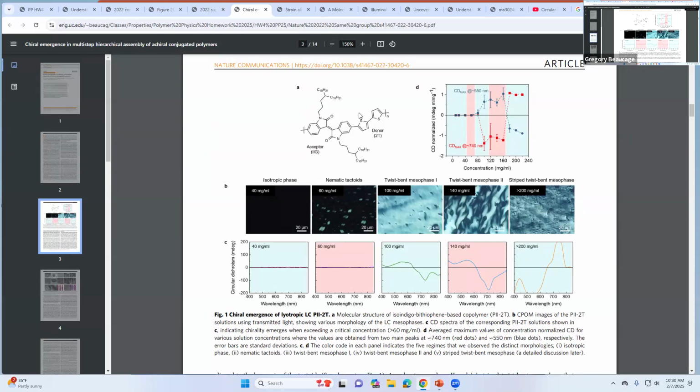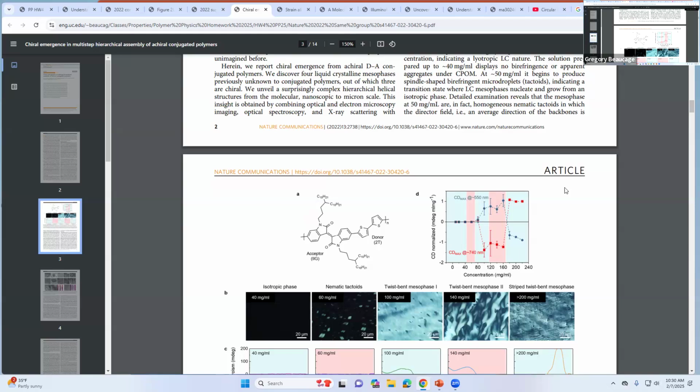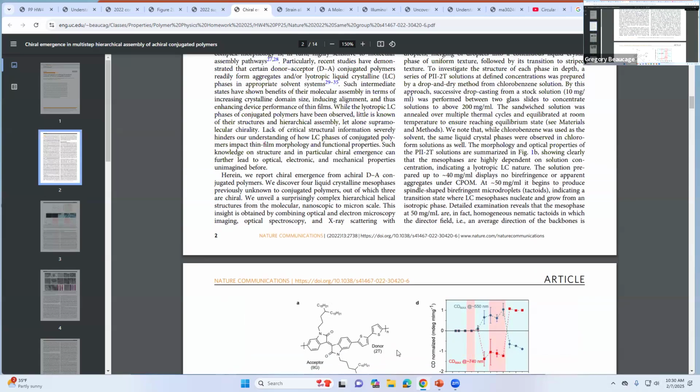This would appeal to biologists, because normally they would only see this chirality in biomolecules. And it appeals to physicists because they're taking nothing and making something from it, like unhandedness, and then making handedness just due to the self-assembly, which is odd. So there are a lot of appealing characteristics to this.